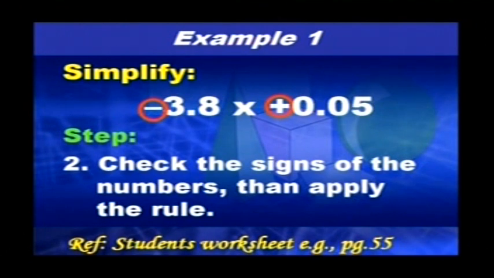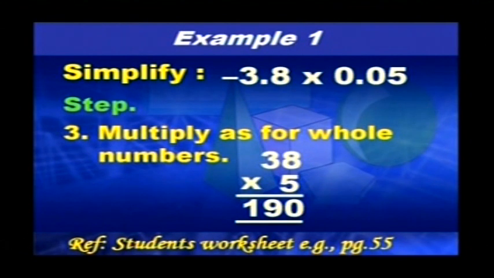Okay, after that, the third step: you are going to multiply as whole numbers. You ignore the decimal point, and you treat the numbers as whole numbers. For example, negative 3.8 times 0.05.